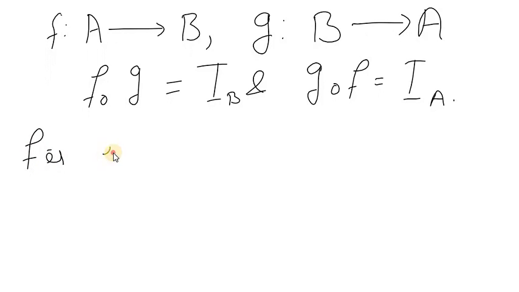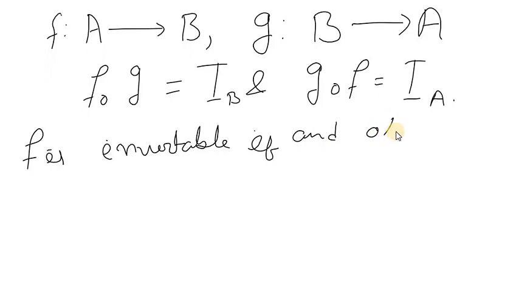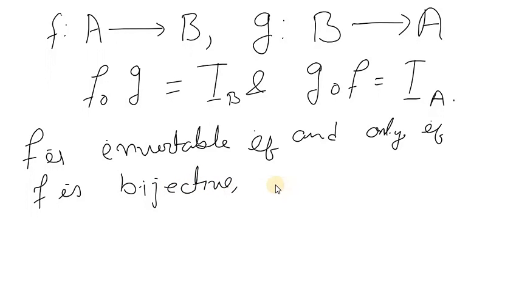f is invertible if and only if f is bijective. That is, one-one and onto.